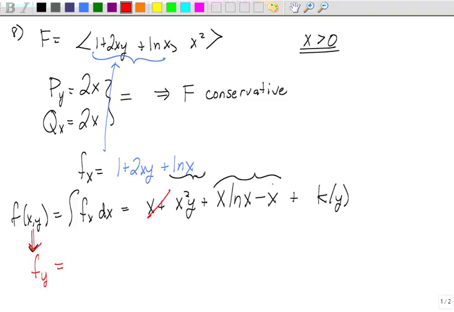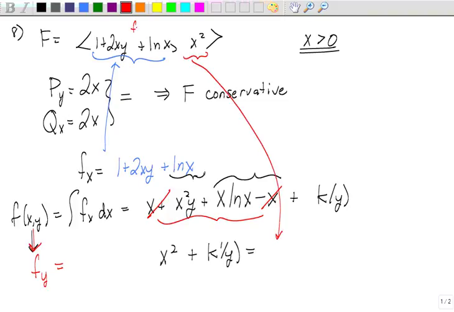So here the x's cancel. That's just going to be x squared plus k prime of y. And that's going to equal this function here, because that's f of y, if it's the gradient field.